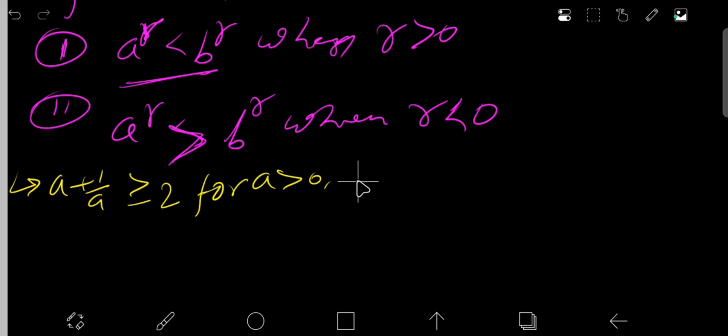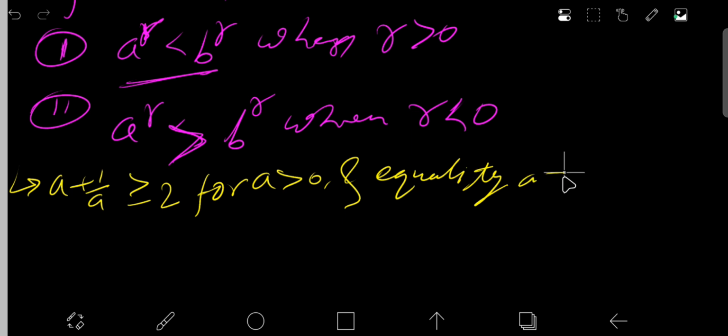This inequality becomes an equality when, if you take a equal to 1, then this gives 1 plus 1, which is 2. When we take a equal to 1, then this one is an equality.